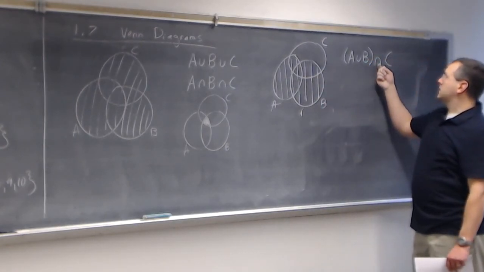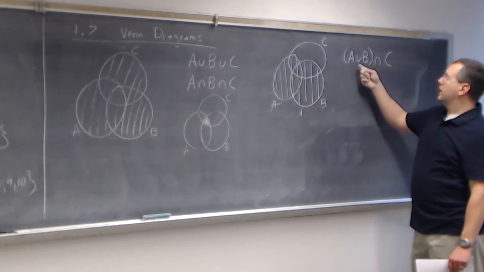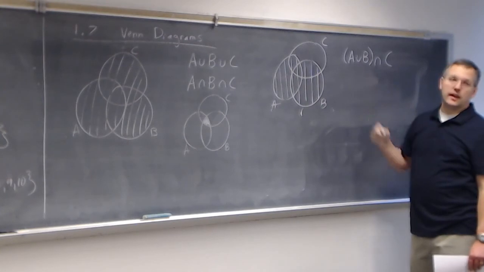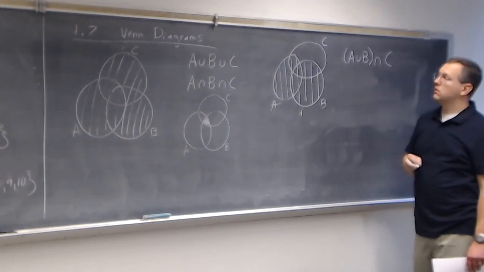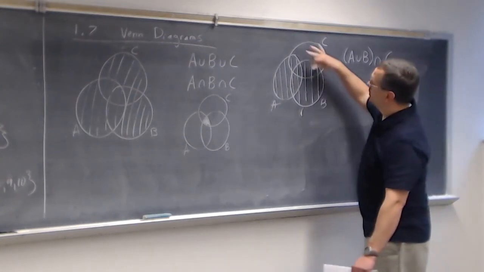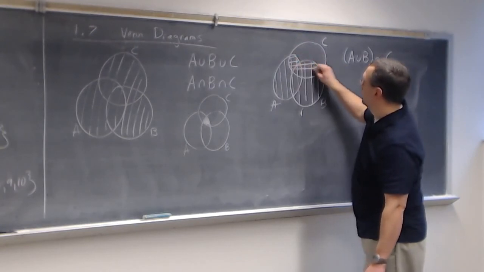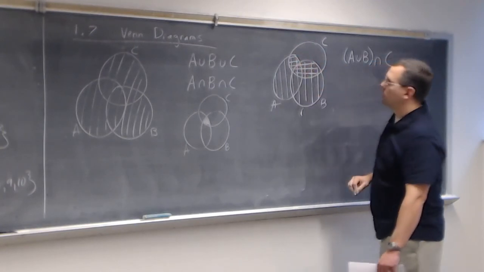And then take this set, intersect it with C. So where does this set intersect C? So there's here where my horizontal lines are.